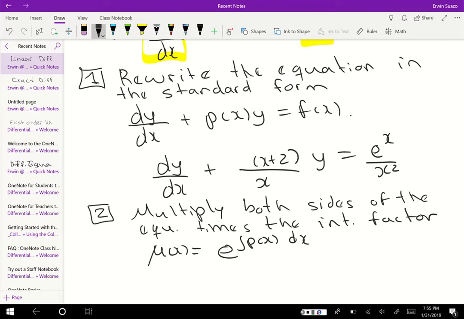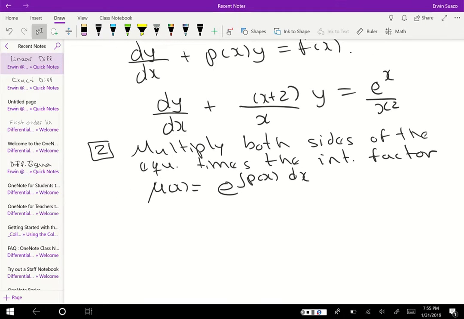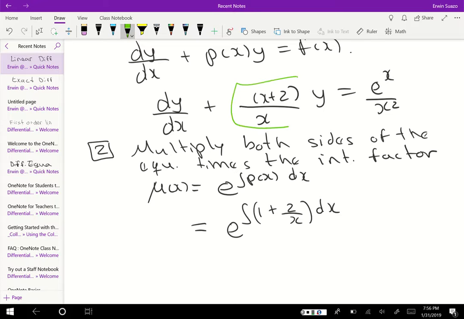Okay, that's your integrating factor. In this case, we have e to the integral of (x plus 2) over x. It's easier for me to write it like x over x plus 2 over x dx, so I can integrate, right? This is my p of x.